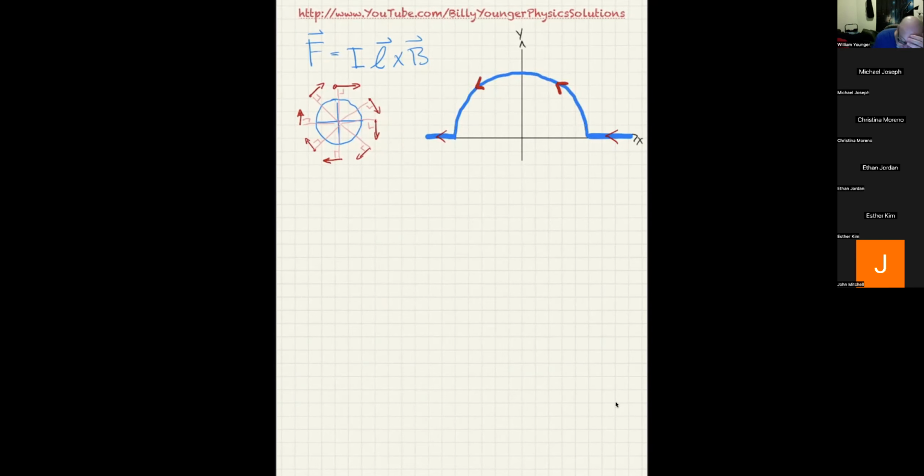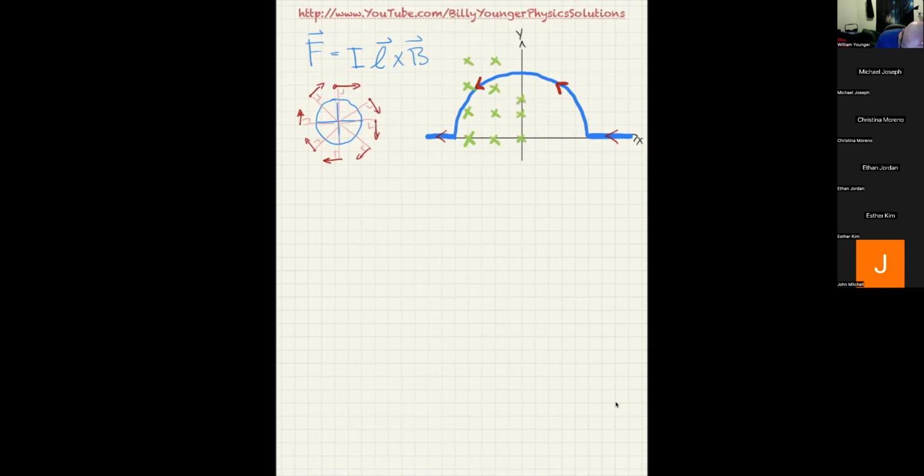And what I'm going to do is I am going to say that there exists a magnetic field that is constant more or less throughout. And I'm going to say it's uniform. And it's going into the page.